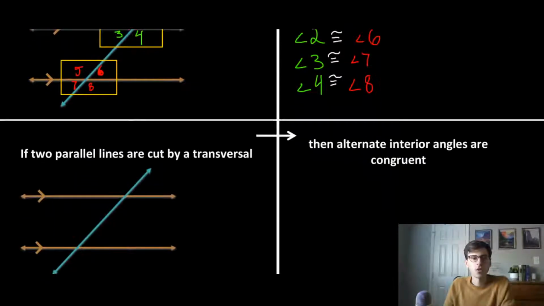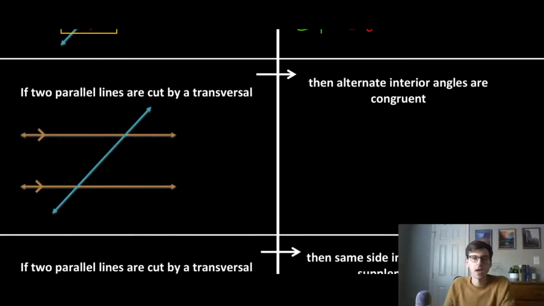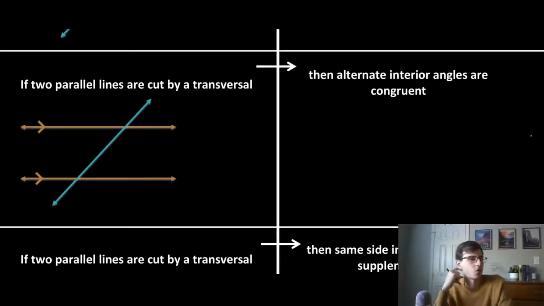Let's look at some more angles that we can talk about being congruent with parallel lines. Okay, if two parallel lines are cut by a transversal, just like last time, then the alternate interior angles are congruent. So maybe I just want to keep up my numbering from last time.